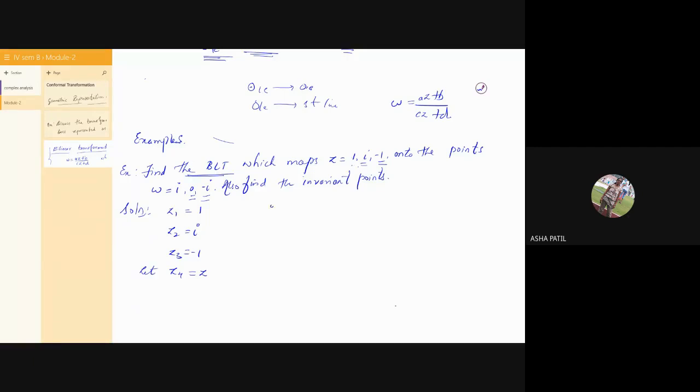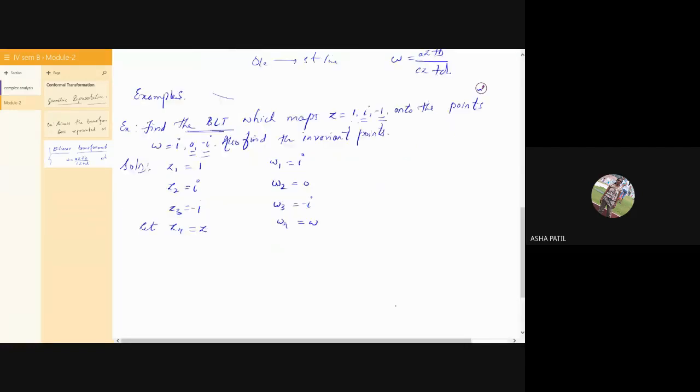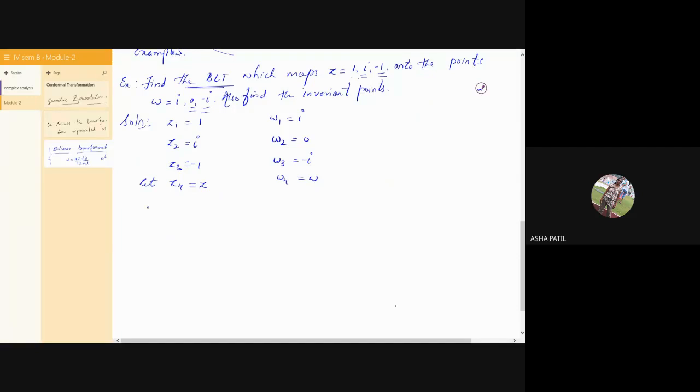So W1 will be i, W2 is 0, W3 is -i, and we'll take W4 as W. So we have taken the points. Now we'll go for the cross ratio. We know that.